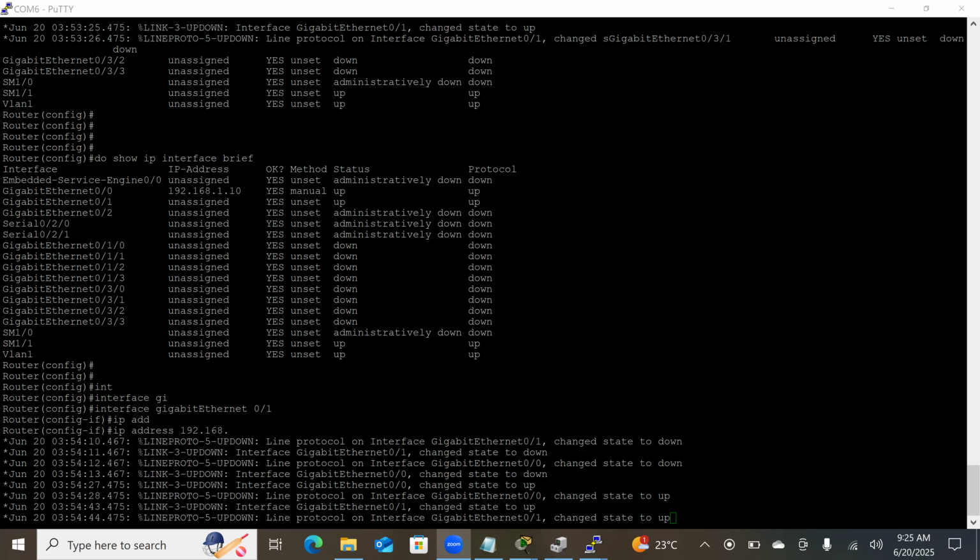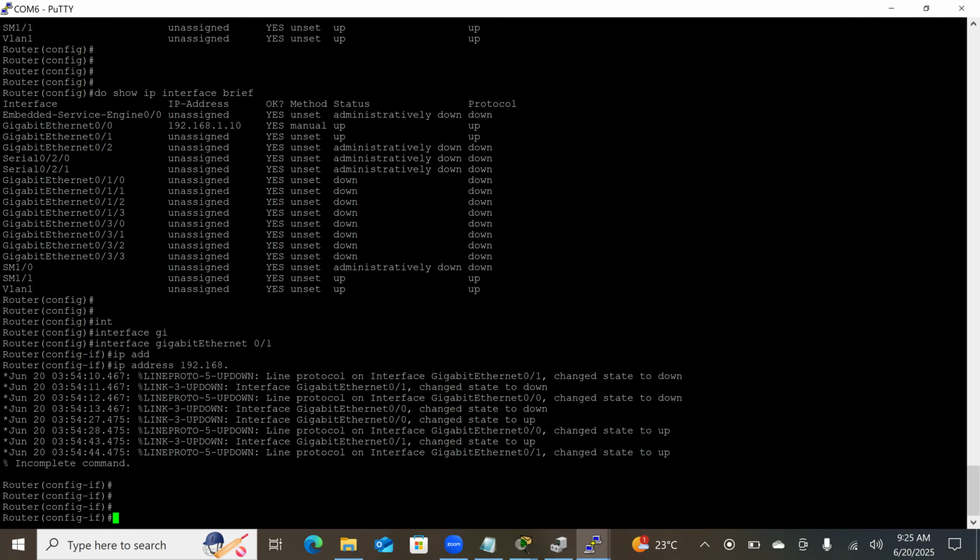Okay. Now try to assign the IP address to both. What IP address have you given to the interface? 1.10. So you have to give 1.1 and the gateway will be 1.10.